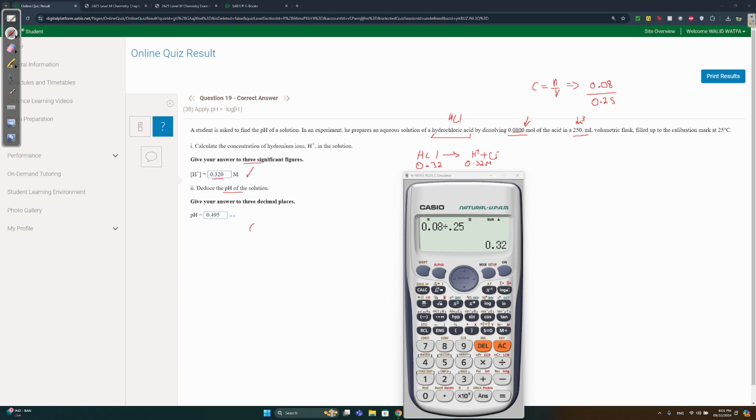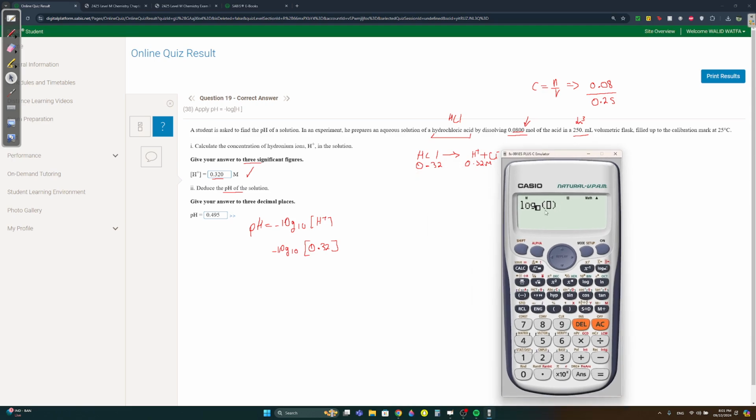Deduce the pH. How do you find pH? pH is equal to minus log base 10 of the concentration of H plus. So you put minus log base 10 of 0.32. Let me show you how you do it. Every calculator should have this log key.